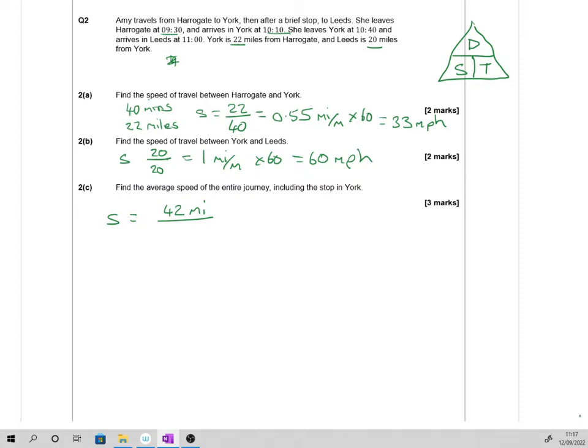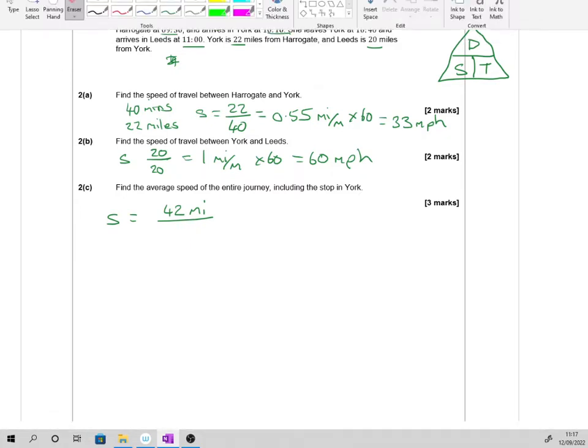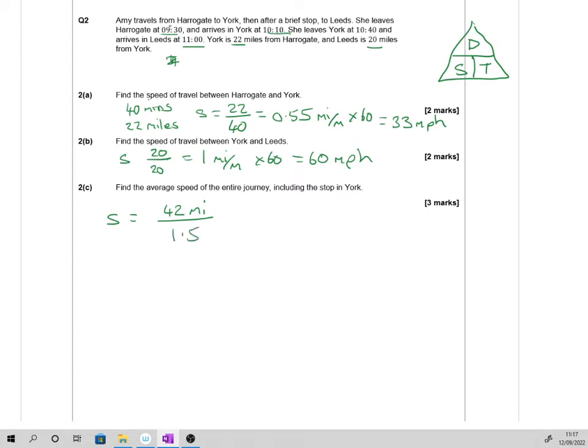We start at 9:30 and get to Leeds at 11, so this is 1.5 hours. 42 divided by 1.5 is 28 miles an hour.